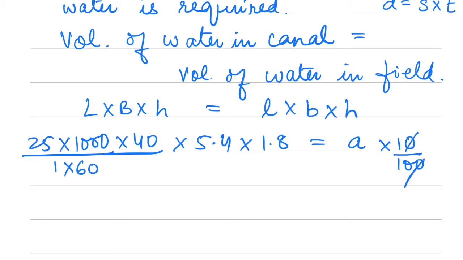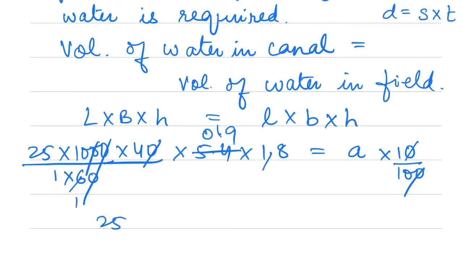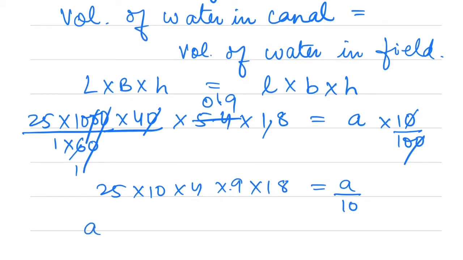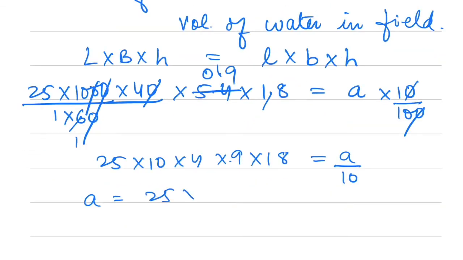This gets cancelled, this gets cancelled, and we have 25 into 10 into 4 into 9 into 18 is equal to area by 10. So area is equal to 25 into 10 into 4 into 9 into 18 into 10.